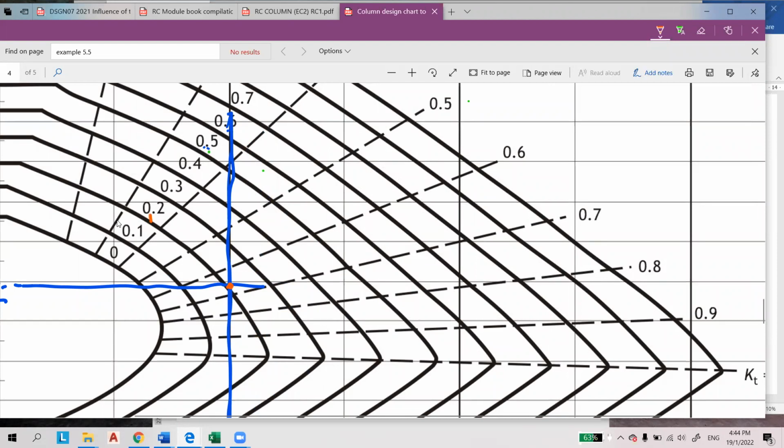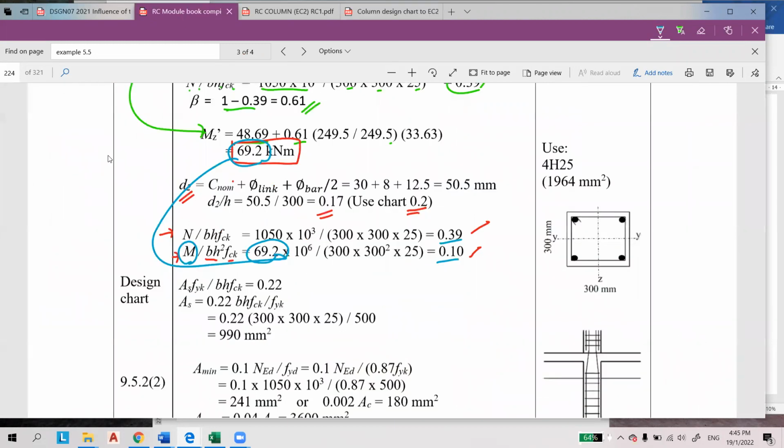This is 0.2 and this one is 0.3, so the value here is about 0.25 is here. So let's say it's 0.22. Okay, the value is 0.22.